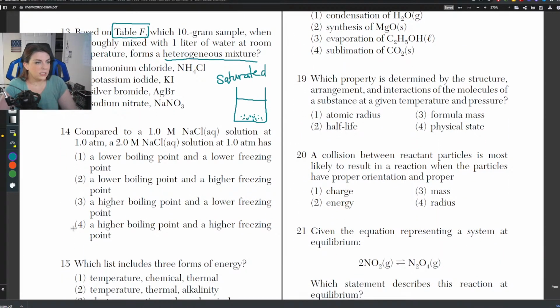Okay, 14. Compared to a 1 molar sodium chloride solution at 1 atmosphere, a 2 molar sodium chloride solution at 1 atmosphere has, each of these are going to display colligative properties, which really is just a change in physical properties of water based on something being dissolved in that water.